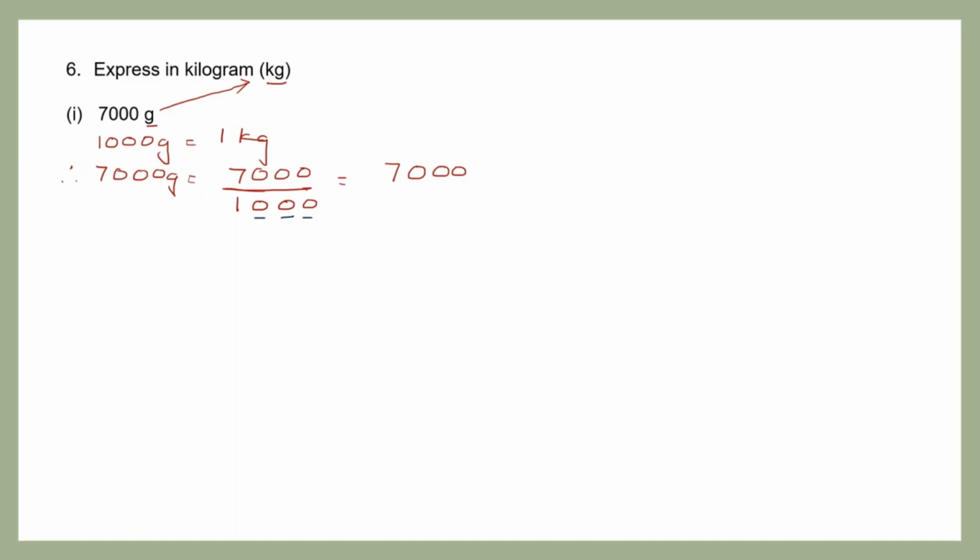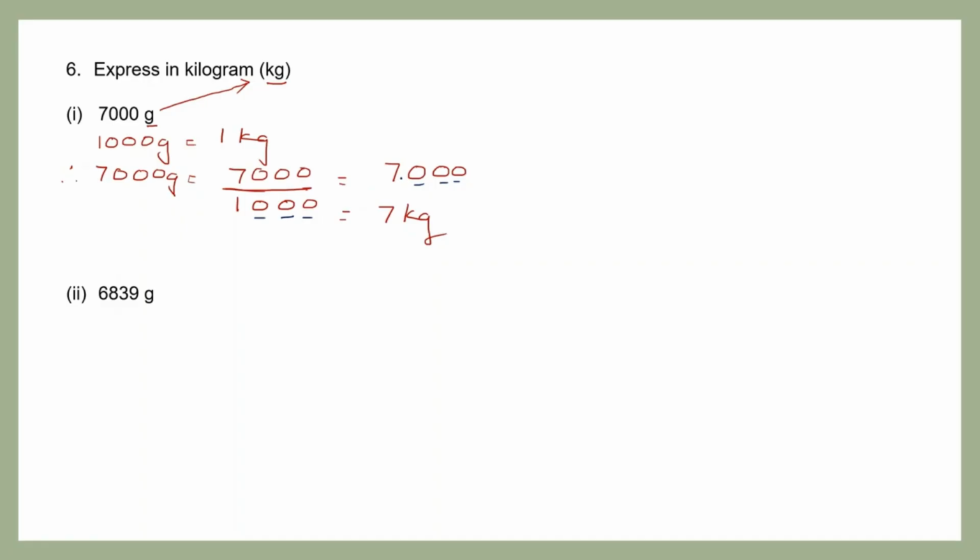When you divide, it moves to the left. So 1, 2, 3 and the point comes here. So what is my answer? It is 7.000. Instead of that, you can simply say 7.0 or 7. So this is 7 kilograms. So 7000 grams is equal to 7 kilograms. Question 2.